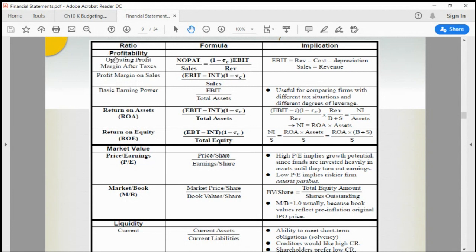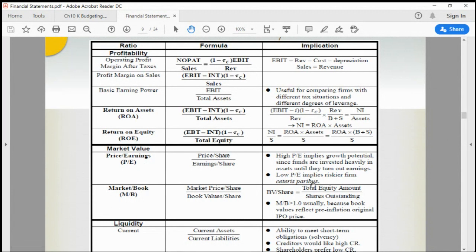Just at this point, just look at the bold print, which are basically the category names. So the first category is profitability category. There are several ratios in the profitability category.